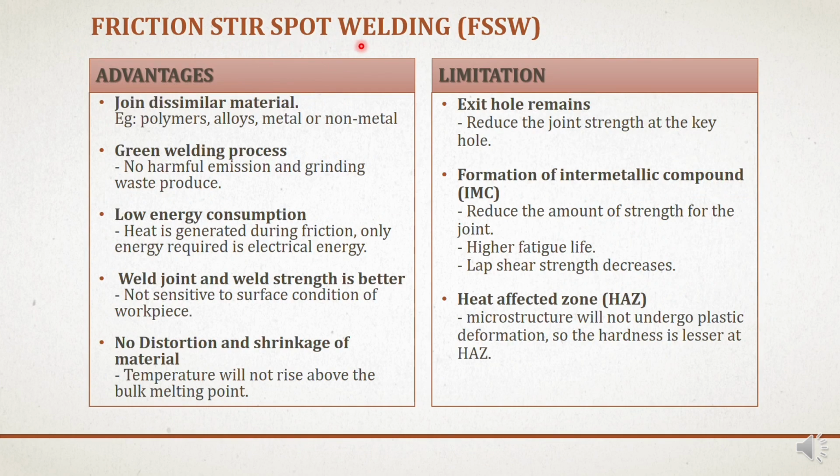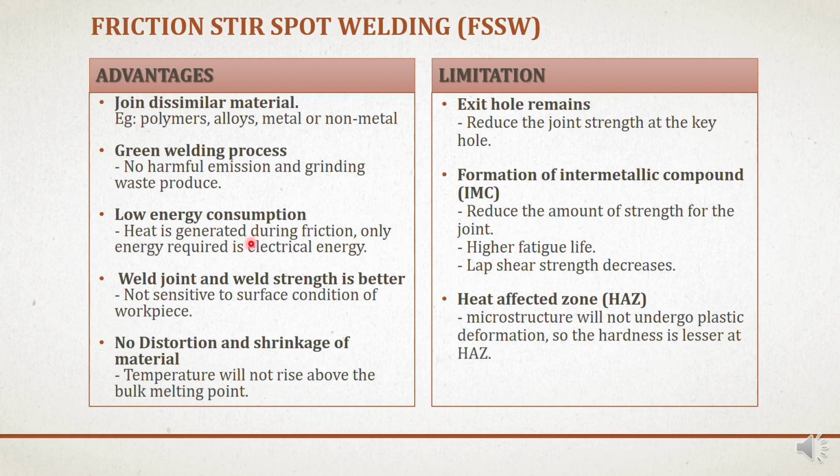Friction stir spot welding also has advantages and limitations. For the advantages, first, it can join dissimilar materials, for example polymer, alloy, metal, and non-metal. The second one is a green welding process, with no harmful emission and no grinding waste produced. The next one is low energy consumption.